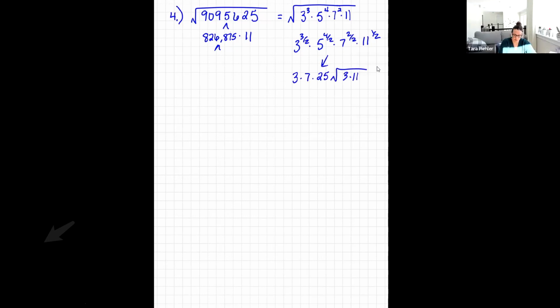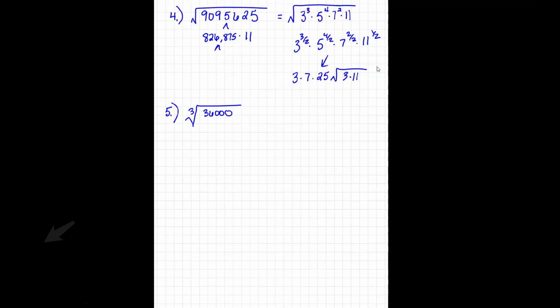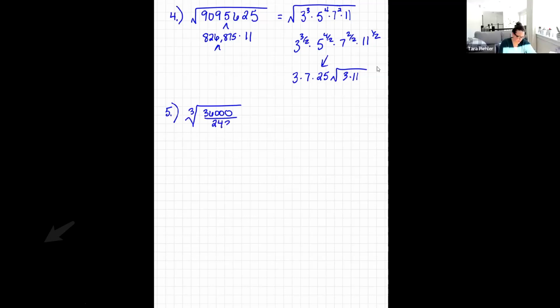All right, number 5, cube root of 36,123 over 243. Grace, you want to try this one, because the very front, these 3 zeros, is going to give you a clue with this cube root sign.